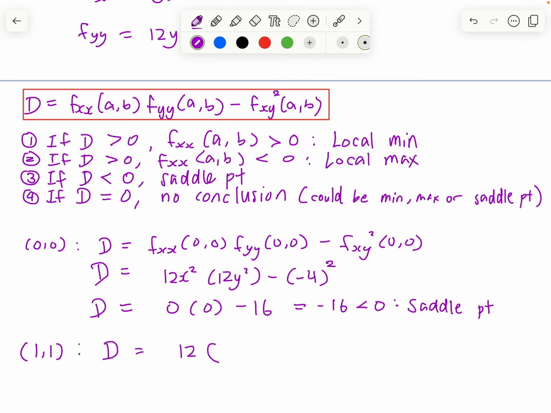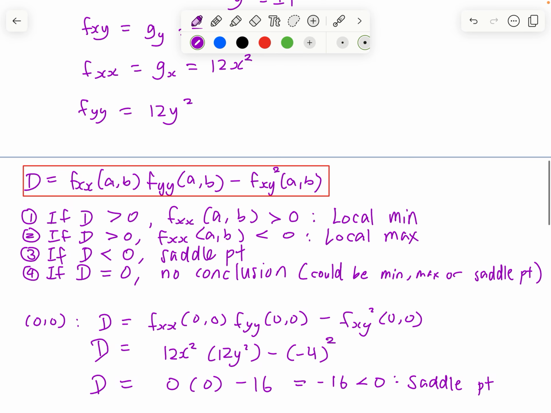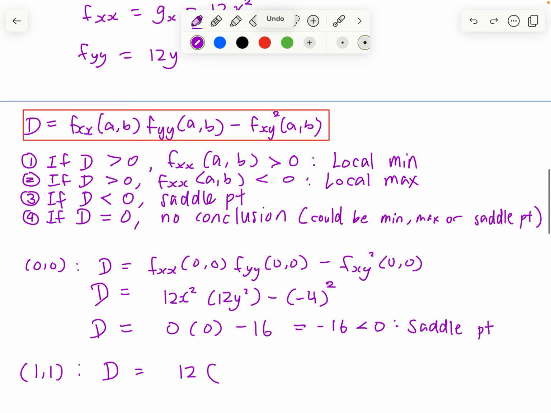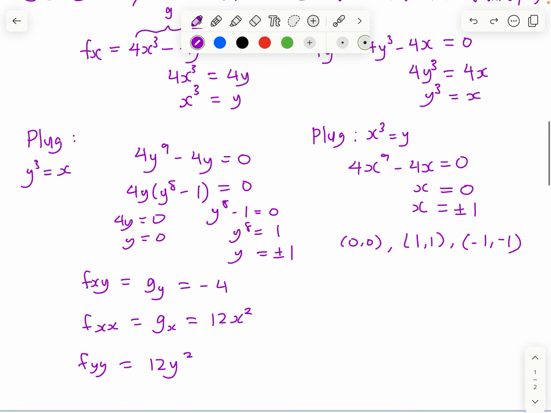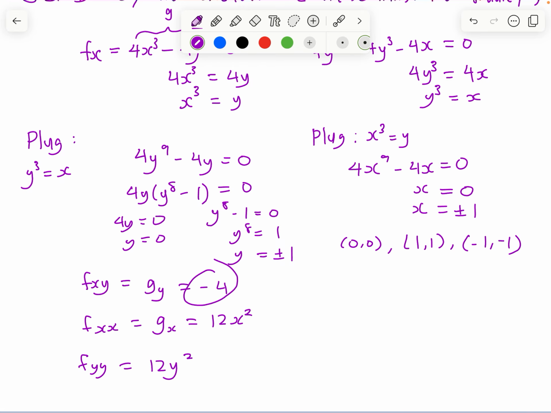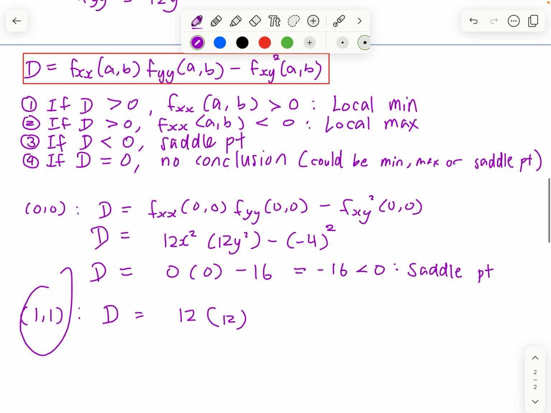And for fyy, we have 12y squared, and 1 squared is just 1, so it'll just be 12. And since fxy is just -4, it doesn't matter if we plug it in or not, fxy squared will still be 16, so we subtract 16.